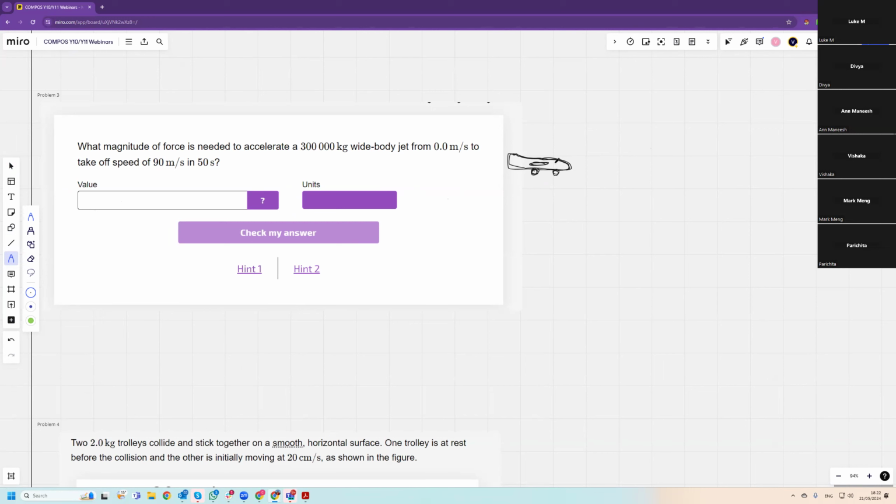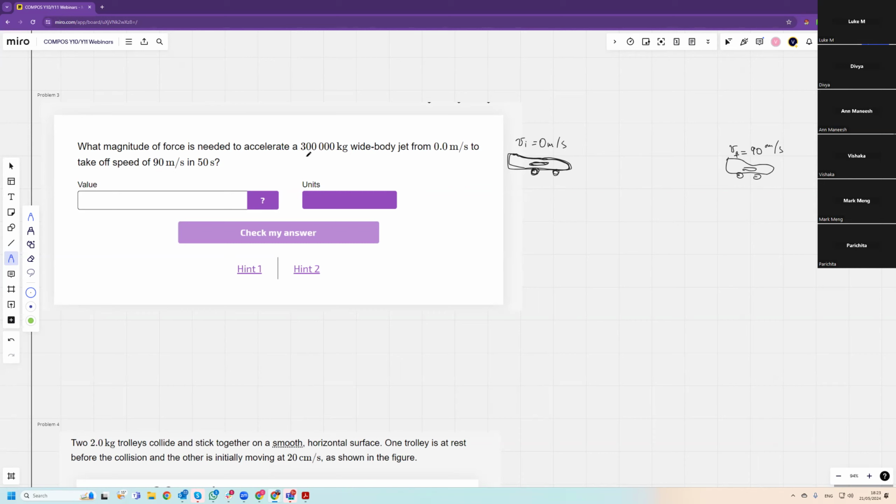Okay, so all right, 300,000 wide body jet. So from 0 meters per second to 90 meters per second. The initial velocity is 0, and the final velocity is 90.